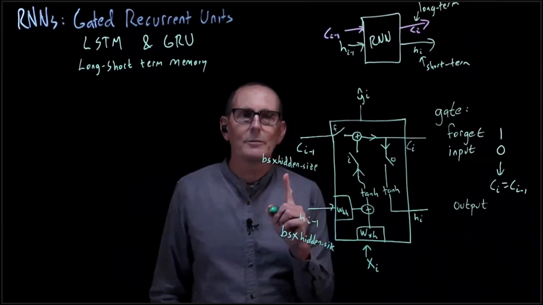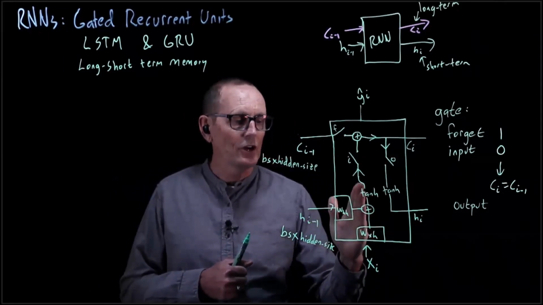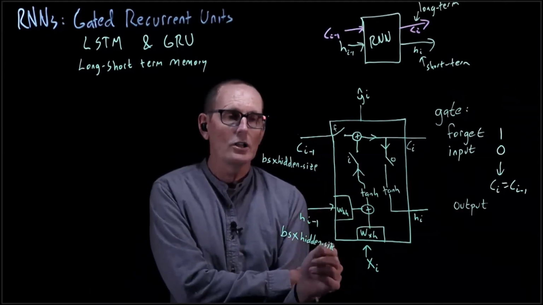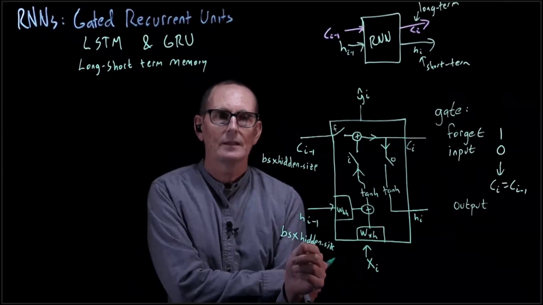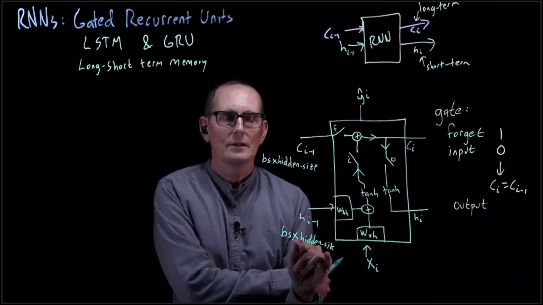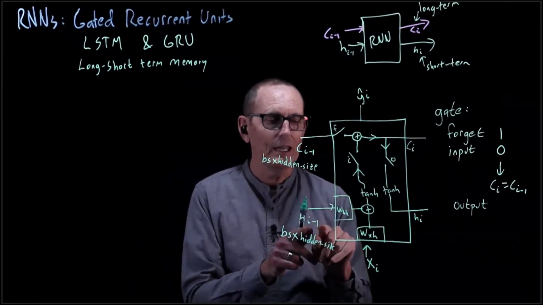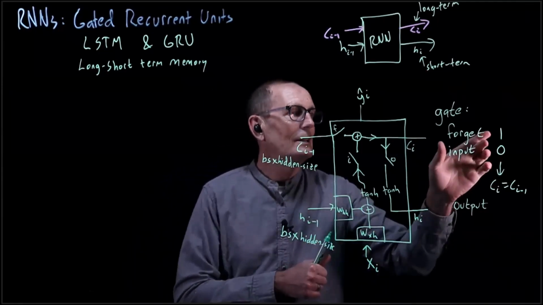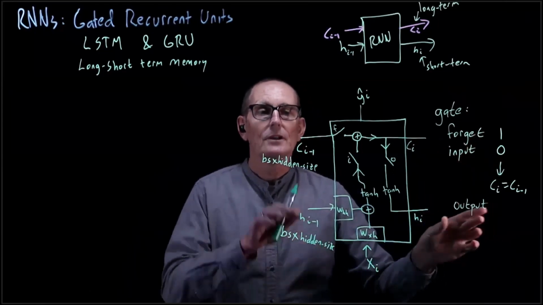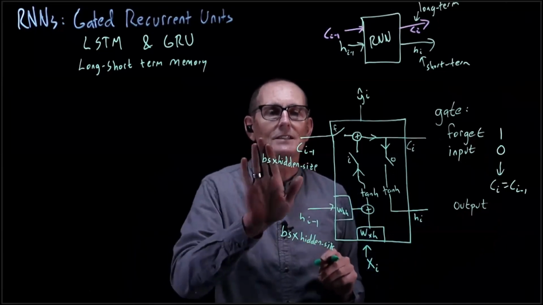One thing I want you to know about these gates, they are not all or nothing. They do not apply to all of the hidden size at once. Instead, it applies one by one by one. So every item in H independently gets its own value of forget, input, and output. So for example, forget the batch size for a moment.